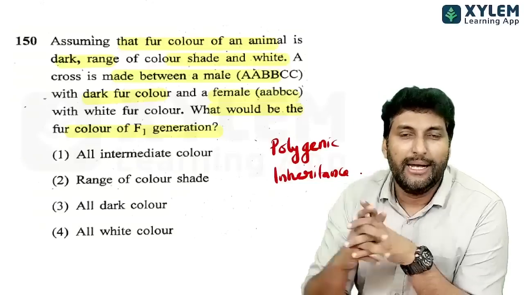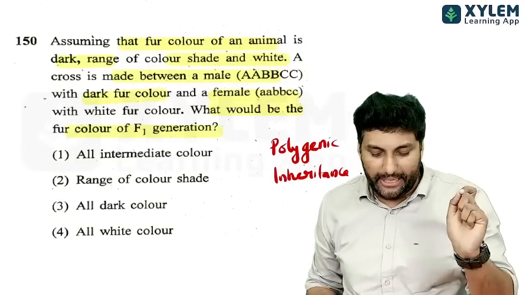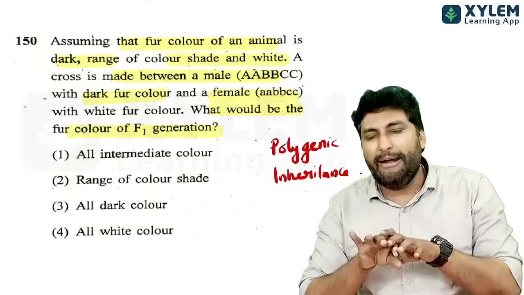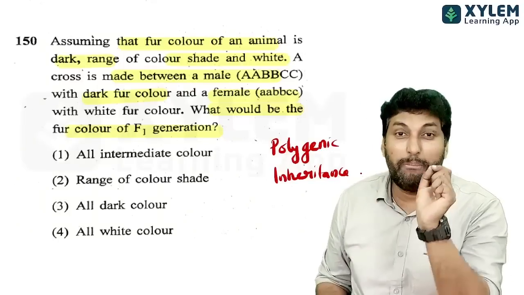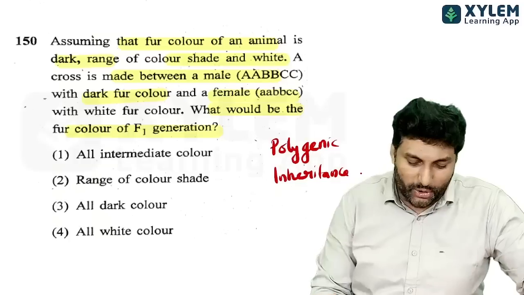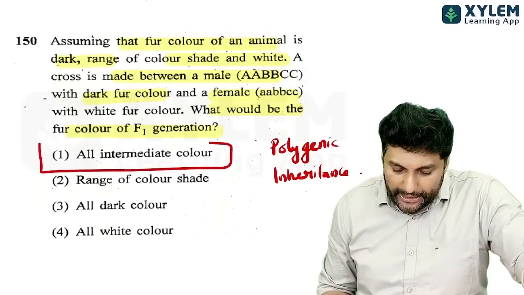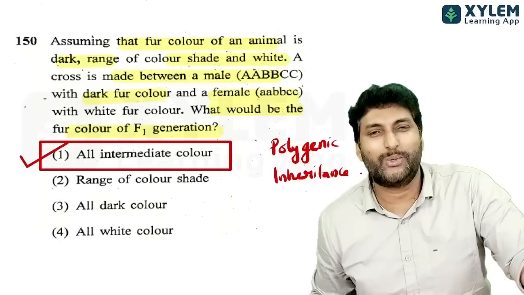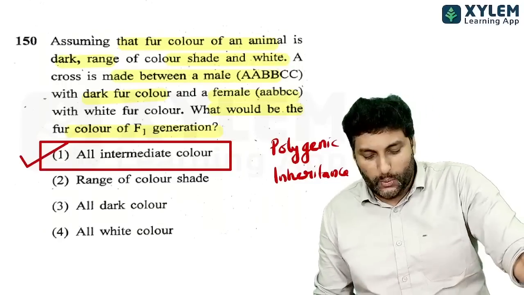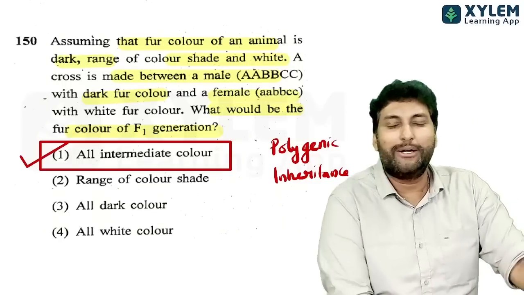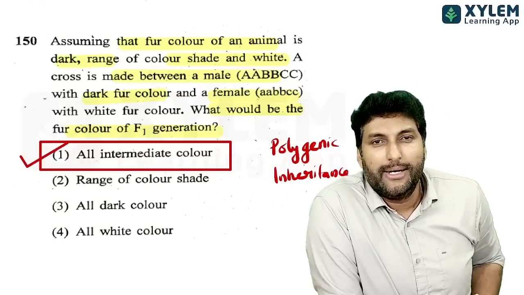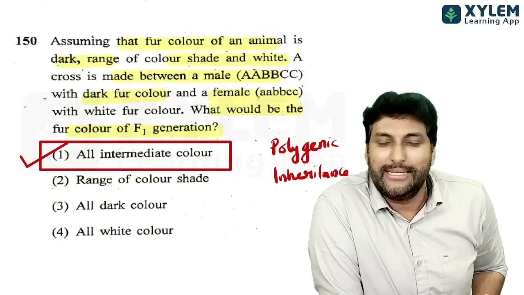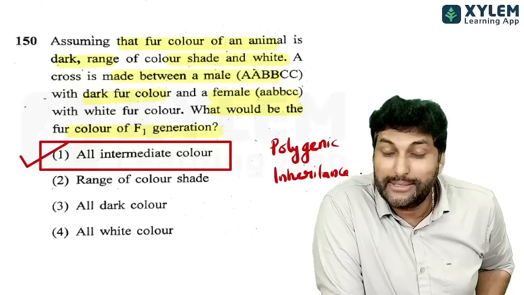In every case of polygenic inheritance, when we cross a dominant with a recessive, the result will be intermediate. So the right choice is all intermediate color. That finishes the 150th question in botany. The remaining questions are zoology, which will be discussed right after it.